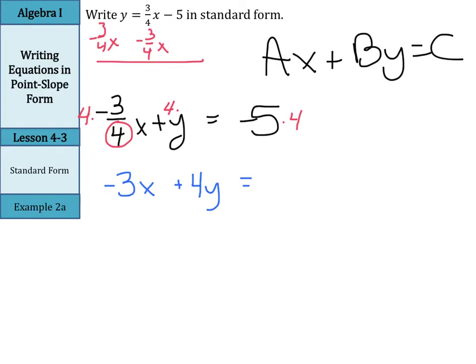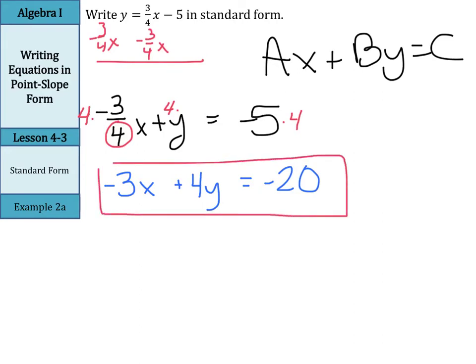And negative 5 times 4 is negative 20. So I have my equation now in standard form: negative 3x plus 4y equals negative 20. I can have integer coefficients, but I cannot have fractional coefficients in standard form.